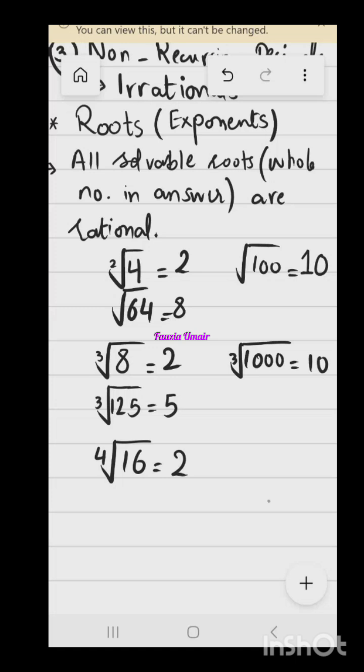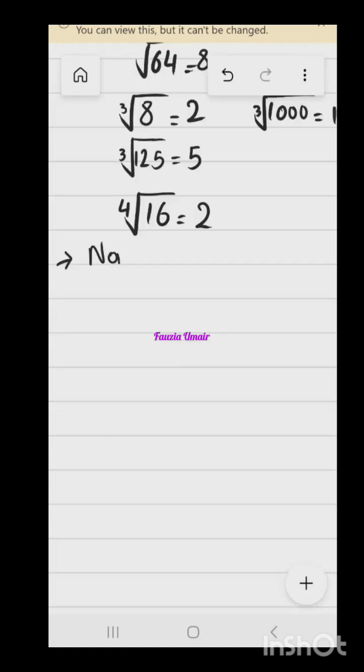All right, beta. So now come the roots which are not solvable, which give a decimal in the answer. Non-solvable roots. By non-solvable, I mean roots which cannot be answered as a whole number.